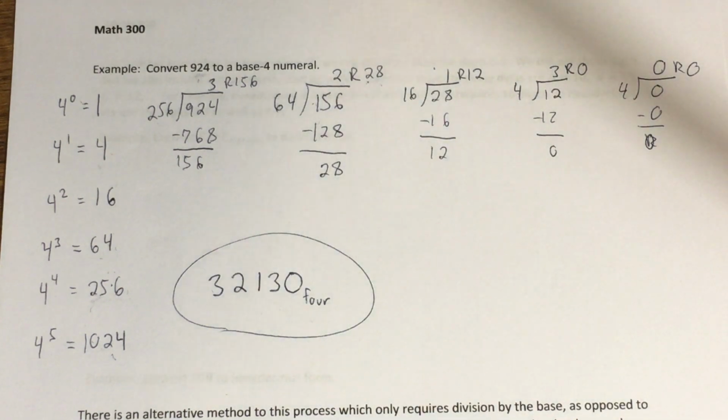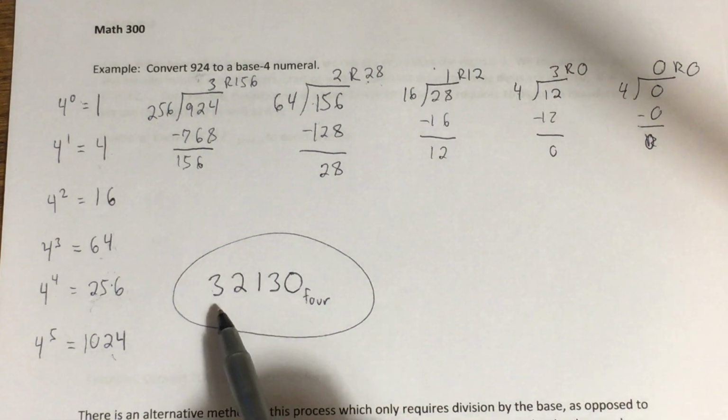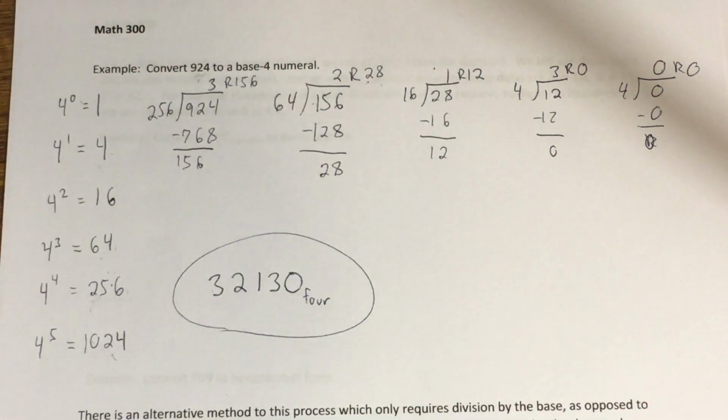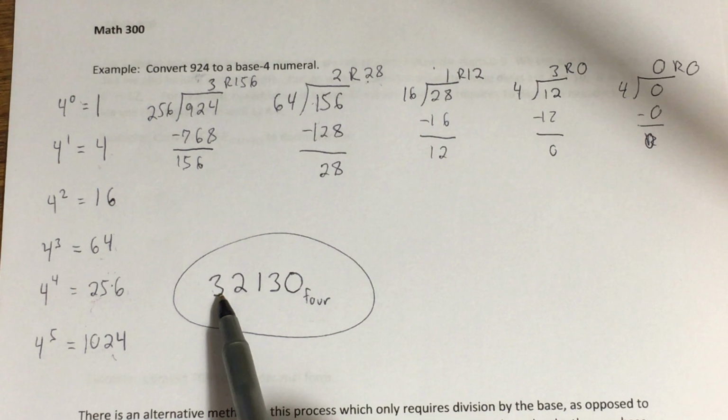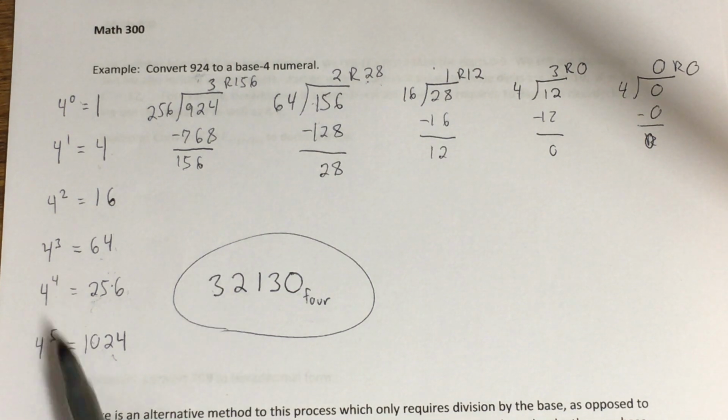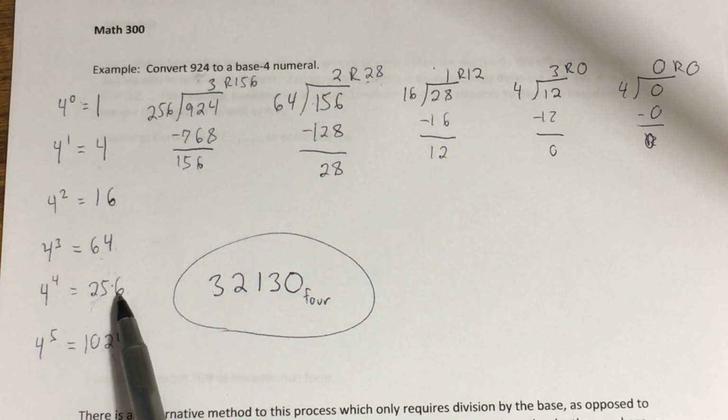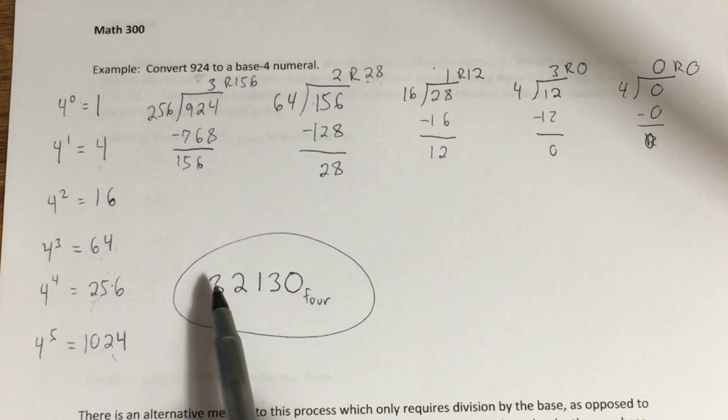So that's one way of taking a number given in decimal and converting it into another number base. If I wanted to check that I did this right, I could work through this in reverse like we did in the first example and write this in expanded form. This would represent 3 times 4 to the power of 4, or 3 times 256, because this is the 256's place.